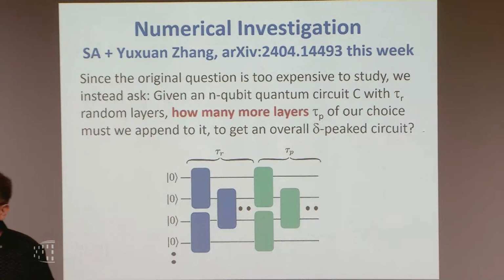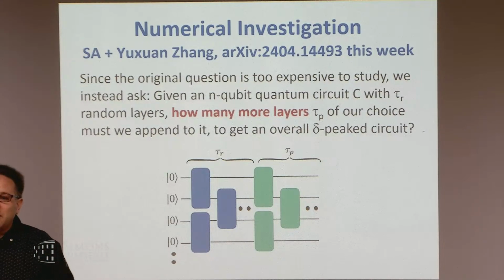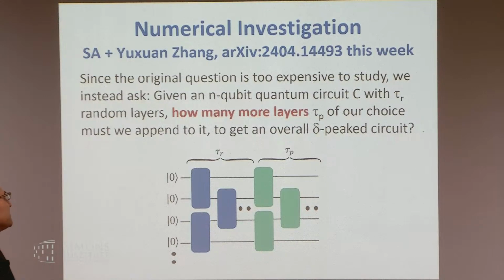We just did gradient descent to optimize these tau sub p peaking layers, as we call them, in order to optimize the peakedness of the overall circuit. Let me make a few observations about this setting. The first observation is that this is really only interesting if tau sub p is smaller than tau sub r.